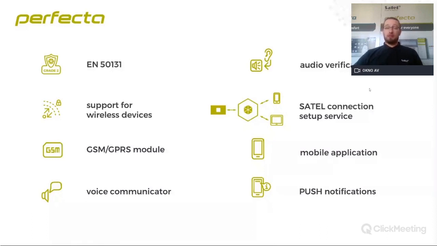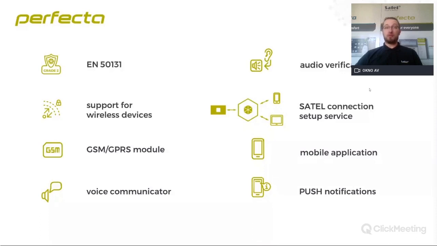On board, in most cases, but not of course Perfecta T, you have a GSM GPRS module, because we found out that with a wireless system, in most cases you won't have a PSTN line very close to the panel. So GSM GPRS units speed up the installation part, but also give you full communication with the module.